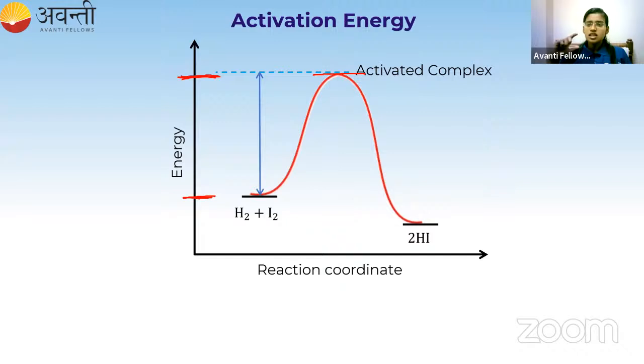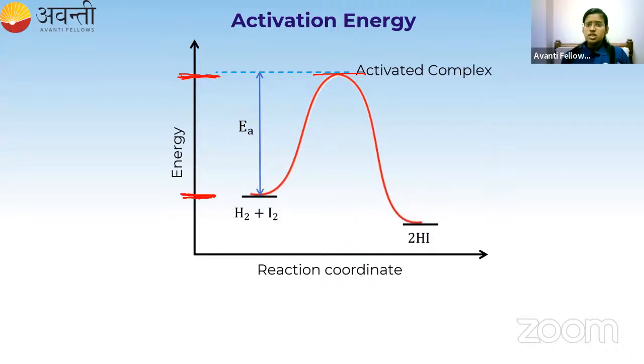The minimum energy required by the reactant molecules to get activated is called the activation energy. So the energy required to go from this particular state to this state is called the activation energy.